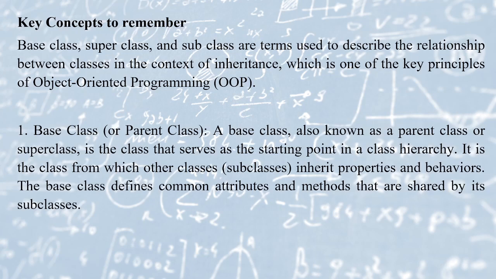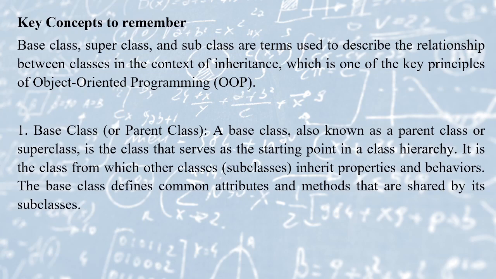It is also known as the parent class or the superclass. So you can switch over the names. Actually, base class and superclass are the same, but we have put them in different sections here. Three parts we have: base class, subclass, and superclass.